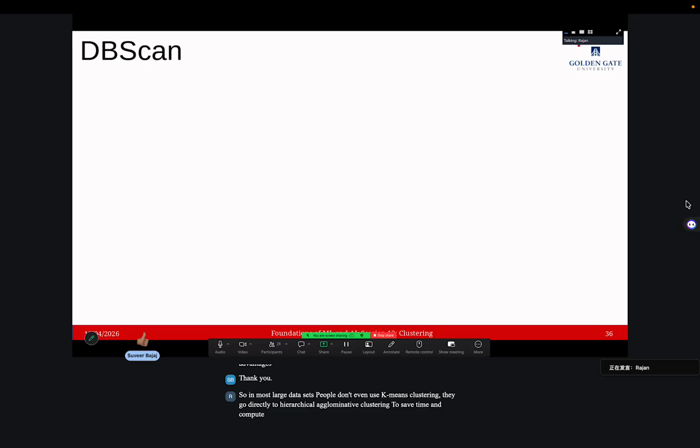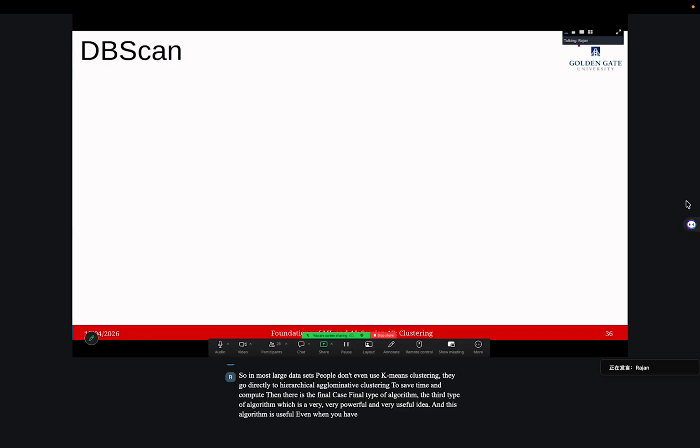Then there is the final, the third type of algorithm, which is a very, very powerful and very useful idea. This algorithm is useful even when the data is so complex that you don't even know where to start.